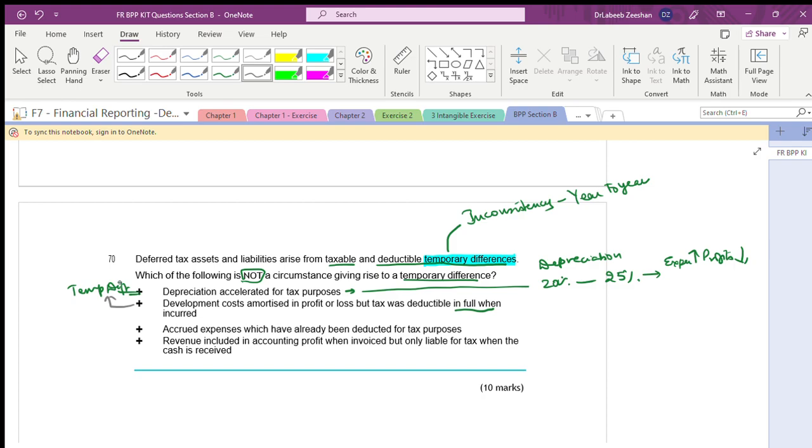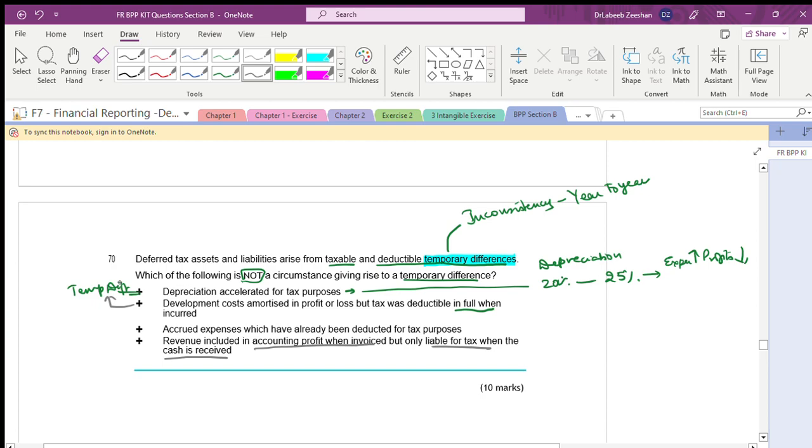Revenue included in accounting profit when invoiced, but only liable for tax when cash is received. When revenue is included in accounting profit, definitely that will be a part of the tax base. Now, here what happened?